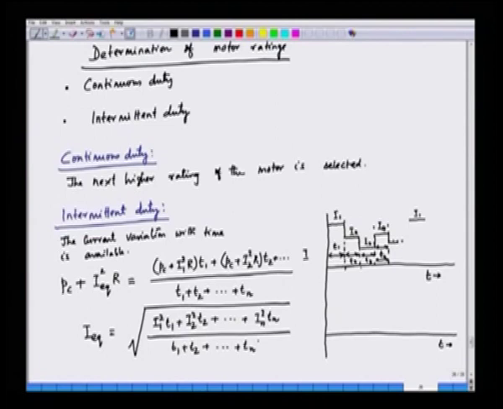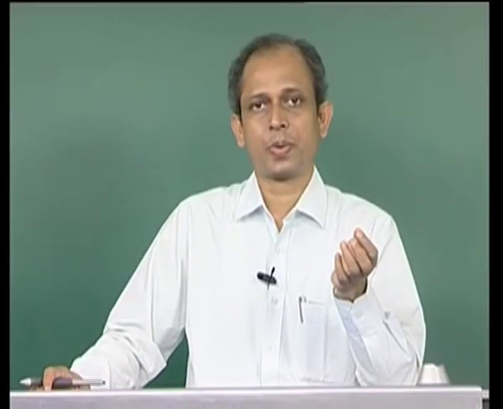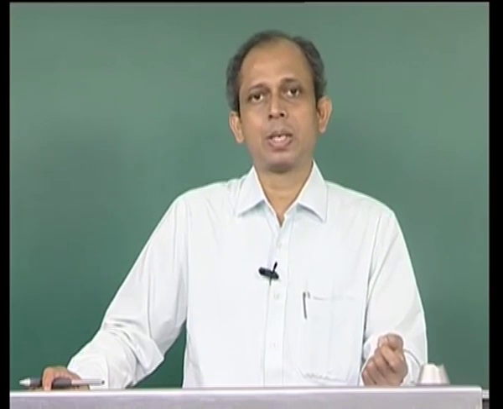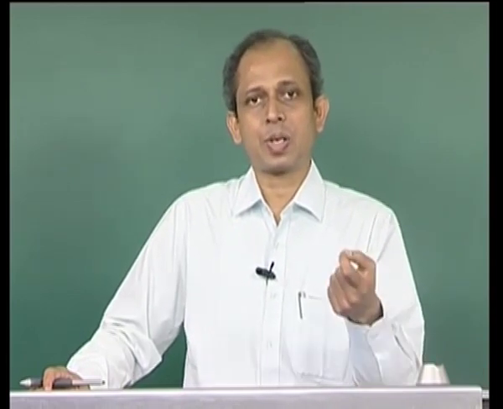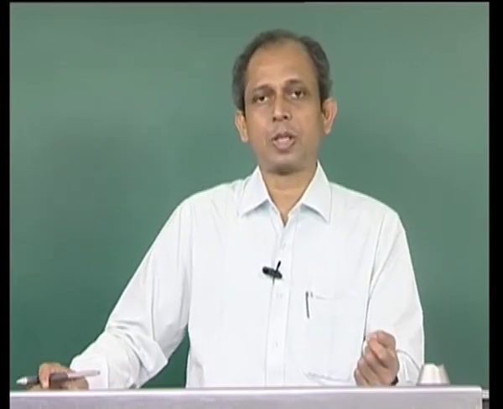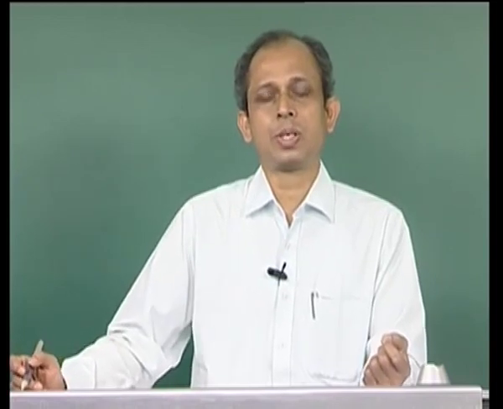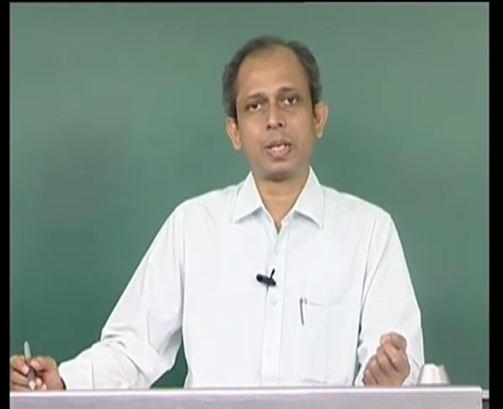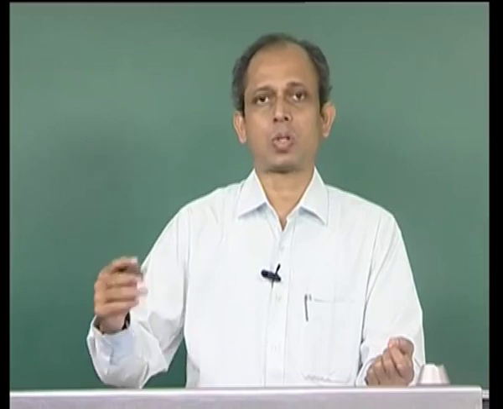So, this is a very interesting derivation in the sense that we can find out an equivalent current for a fluctuating load. When we know I equivalent, we can select the motor with the next higher current, and this is one of the ways in which we can find out the ratings of the motor if the load is fluctuating. Now, in this lecture we have derived the thermal model of the motor.